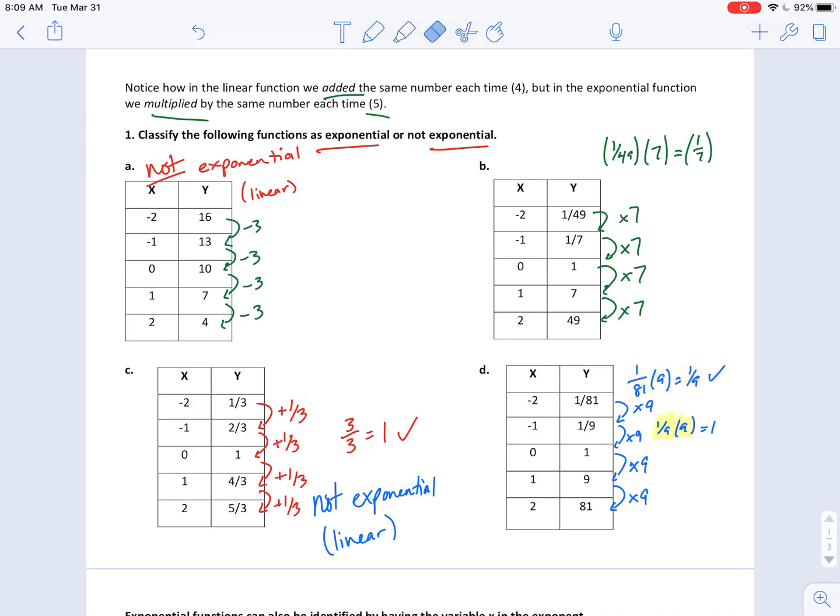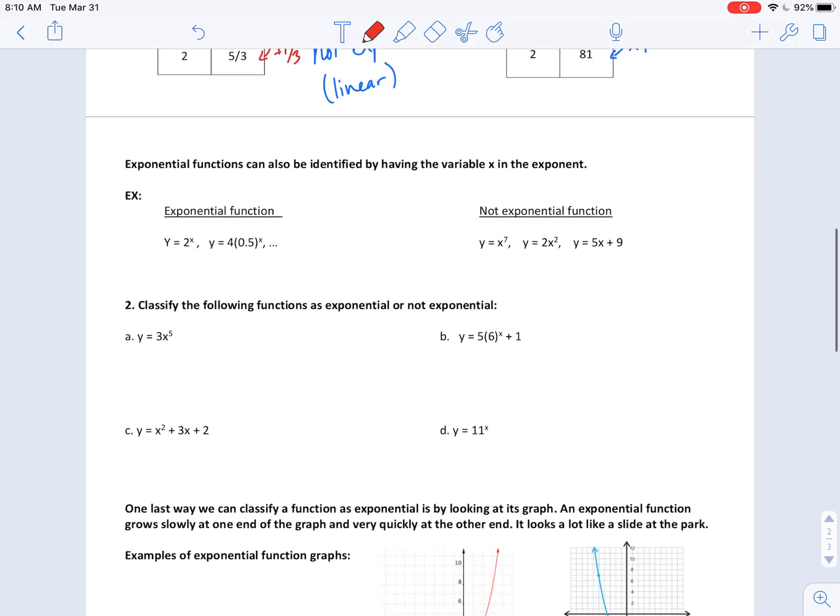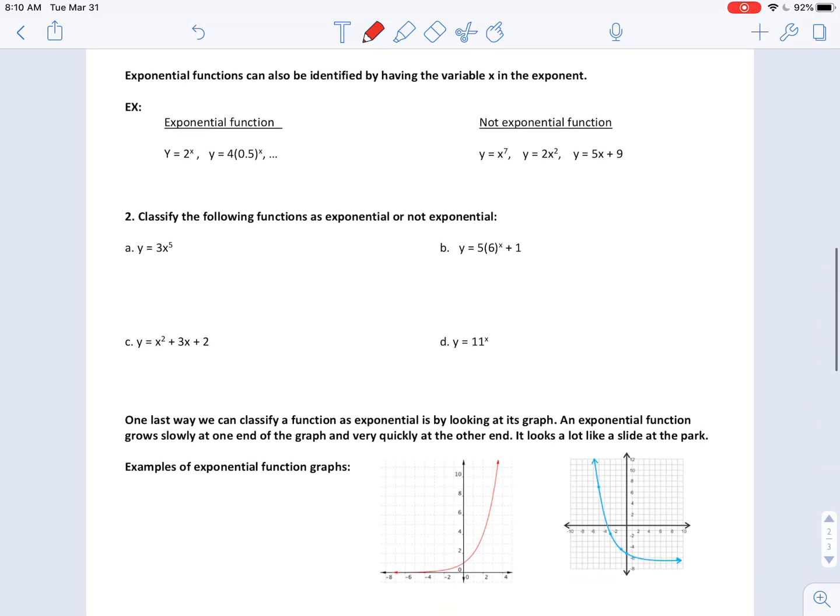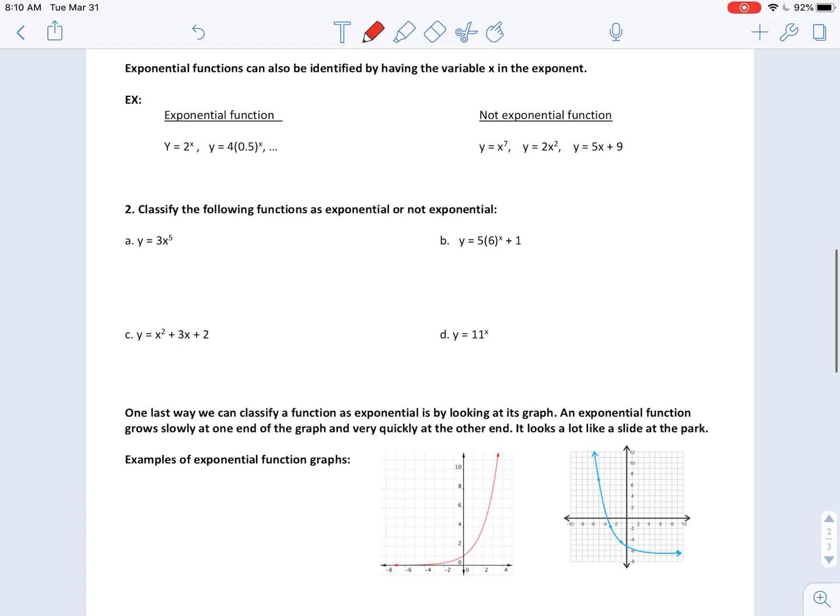So I check in a calculator. I could type these two parts in and see if that works, and it does. So it looks like I'm multiplying by the same thing every time, which would mean that I have an exponential function.